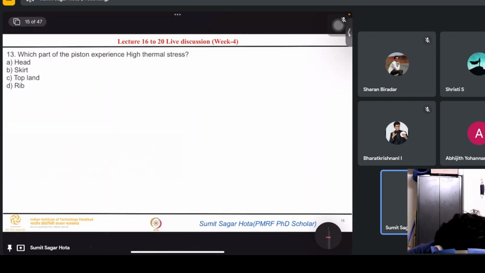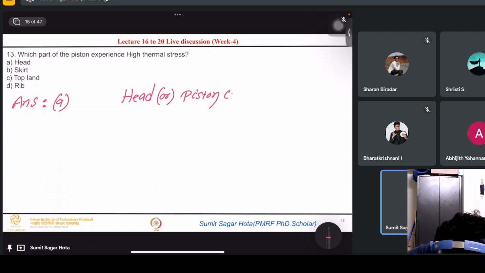The answer is obviously simple. It is the head, the head of the piston. What is the other name of the head? It's called the piston crown. If head is not in the options, then piston crown is the right answer.